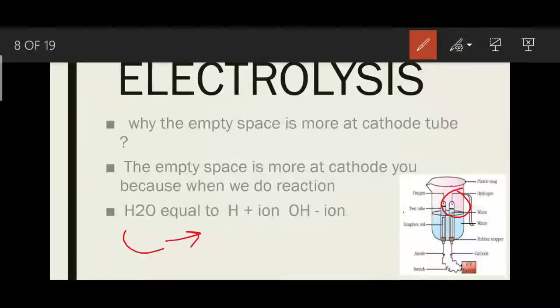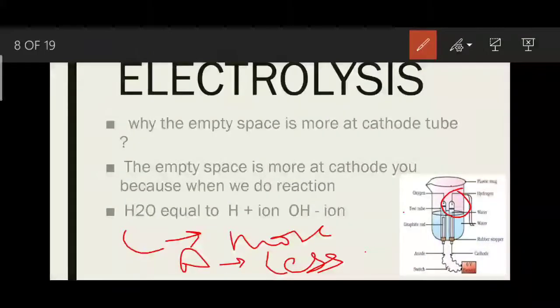On the cathode side it is more, but on the anode side it is less. So why is it?